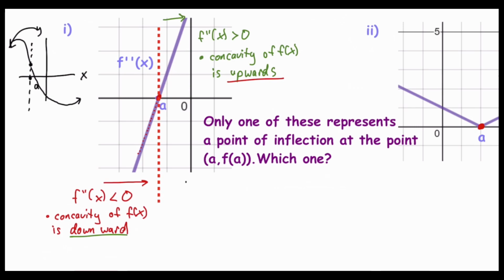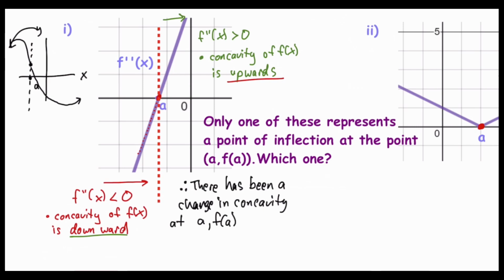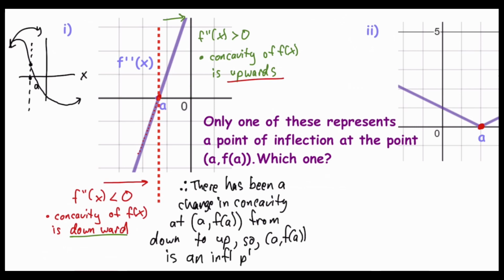So there has been a change in concavity at our point A, comma, f of a, from downward concavity to upward concavity. So a, f of a is an inflection point. And just to save time and space, I'm going to use some short forms here.